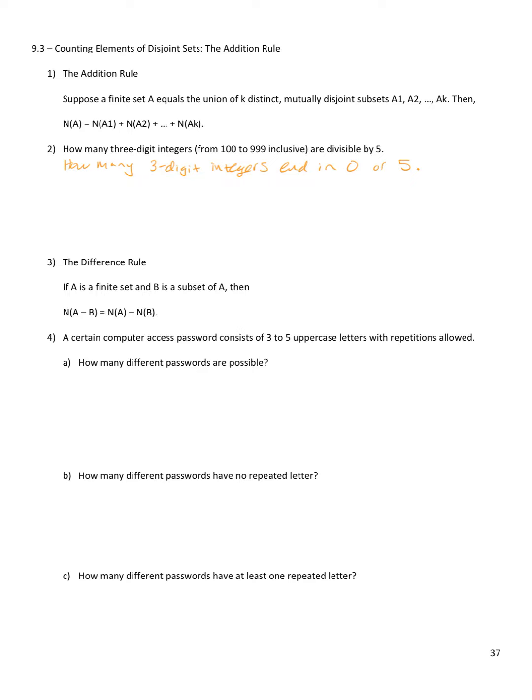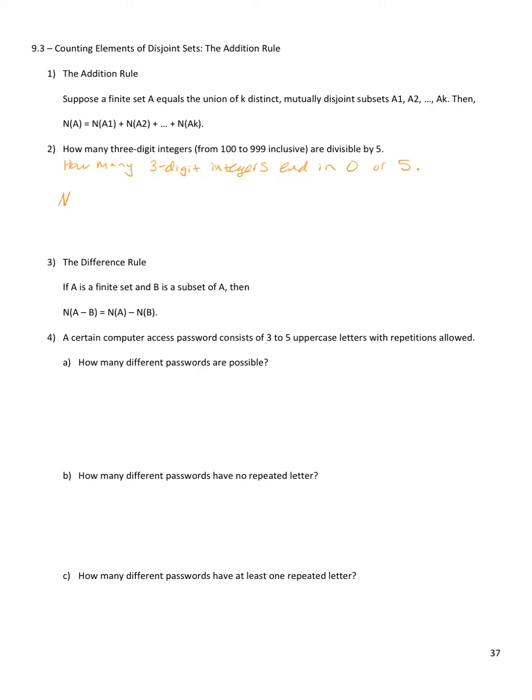So when I think about the set of three-digit integers that end in 0, and the set of three-digit integers that end in 5, they are most definitely disjoint, right? They don't have any elements in common, which means I can use this addition rule.